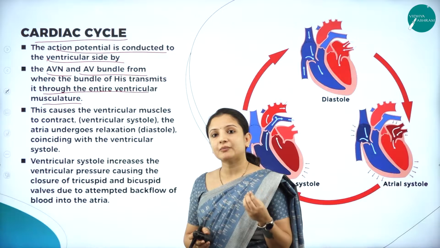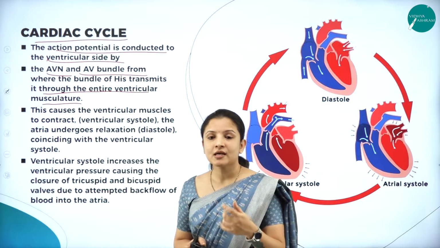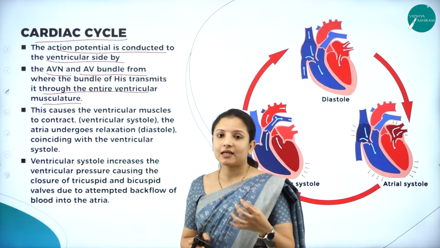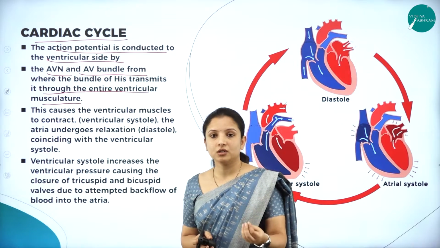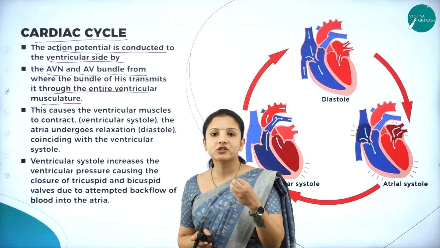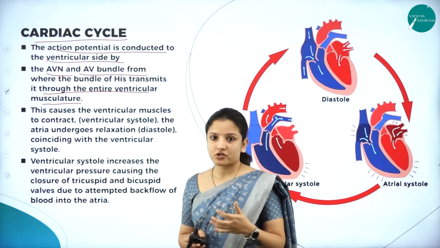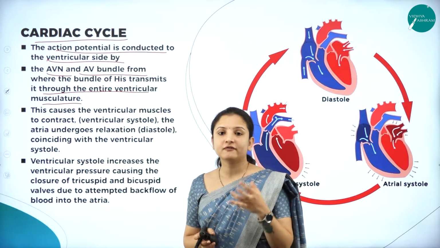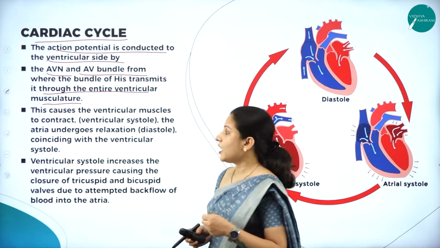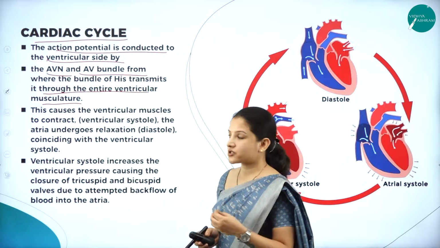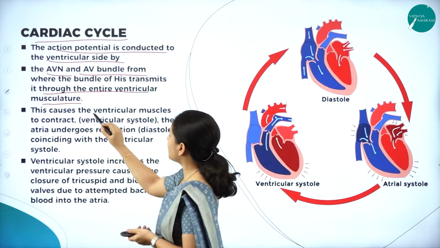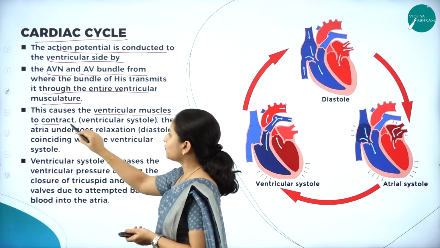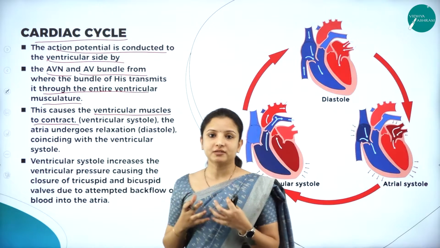We had learnt about the action potential wherein the SAN, the sinoatrial node, actually conducts the action potential, and that is very important for the rhythmic beating of the heart. This action potential causes the ventricular muscles to contract. So what happens here? The ventricular muscles contract.